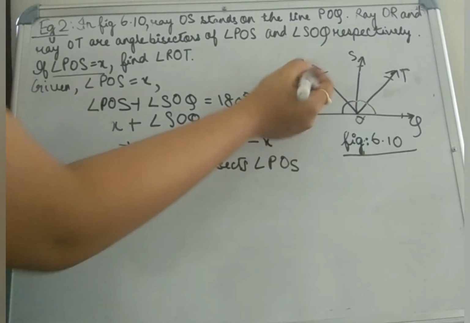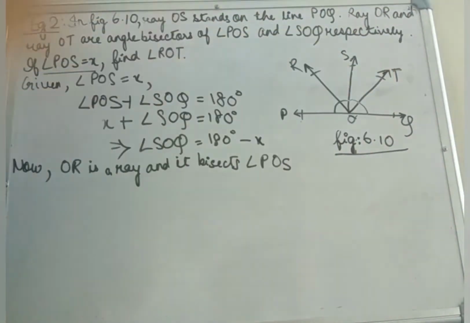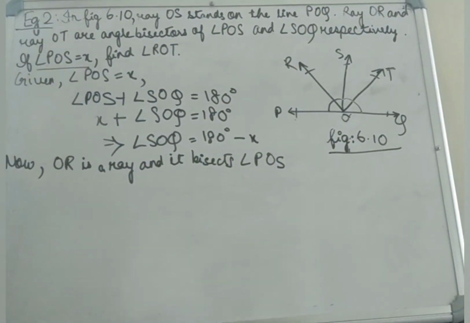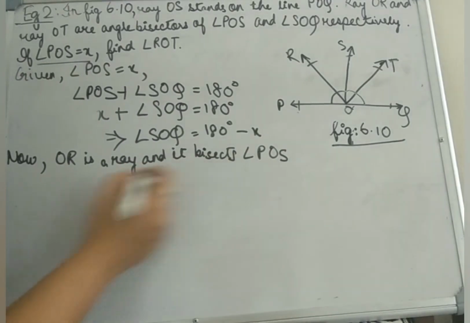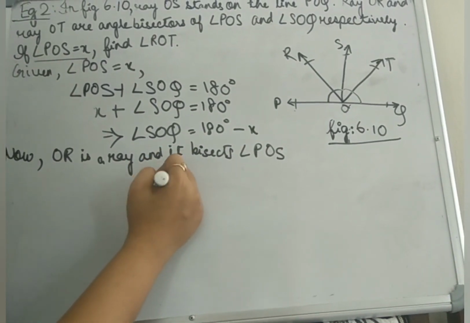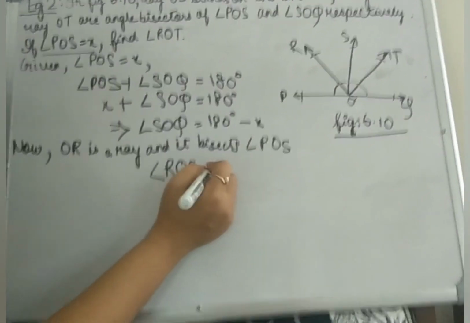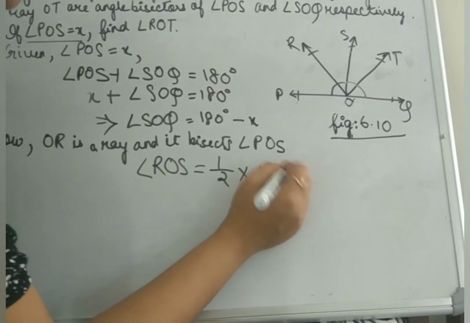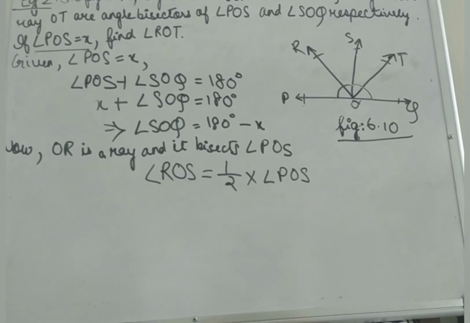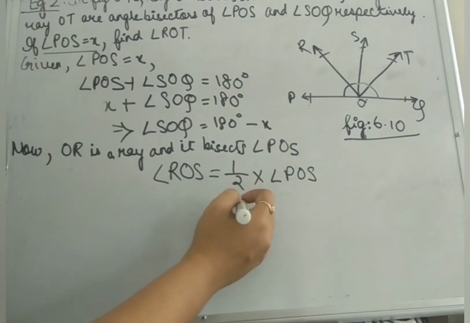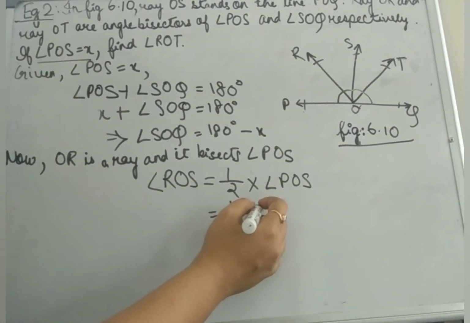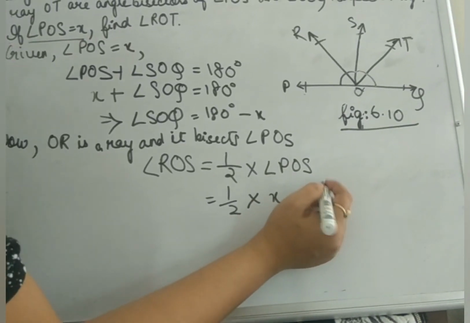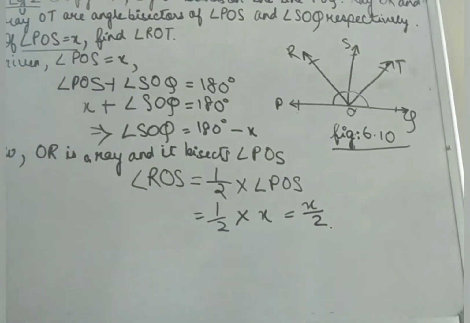As I have told earlier, if we have to find angle ROS, it will be half into angle POS. Half into angle POS is X, so here we can write it as X by 2.